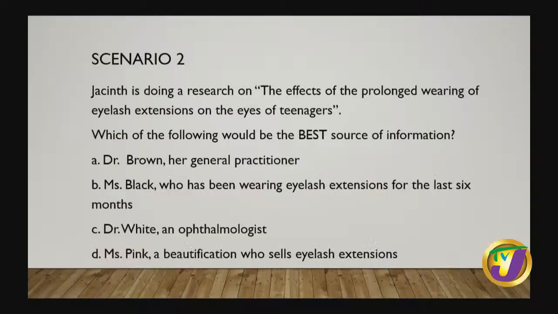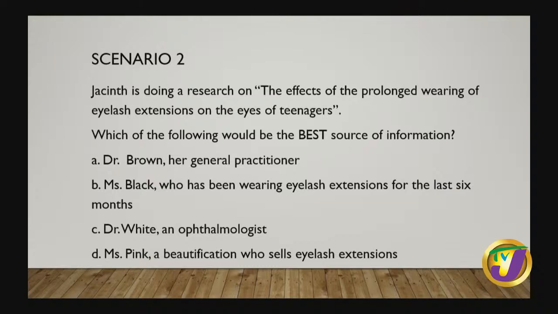Scenario 2. Jacinth is doing a research on the effects of the prolonged wearing of eyelash extensions on the eyes of teenagers. Interesting topic. Which of the following would be the best source of information?